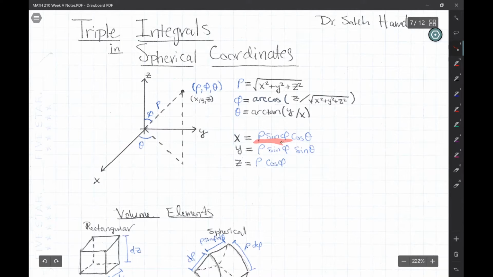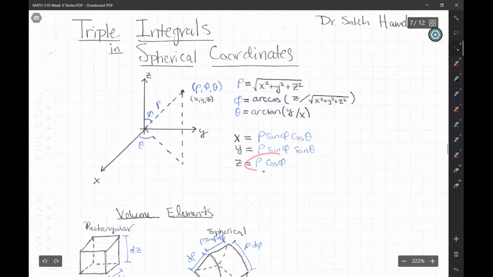What is that rho sine phi? It is the length of the projection of this line, which starts from the origin and goes to the point we're considering, onto the xy plane. You could essentially prove that if you create a triangle here, where you have 90 degrees, and you could see that the distance away from the z-axis to the point is rho sine phi.